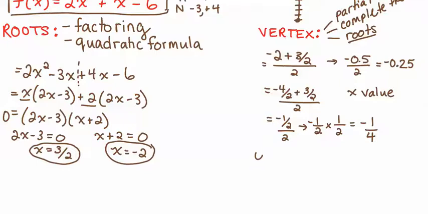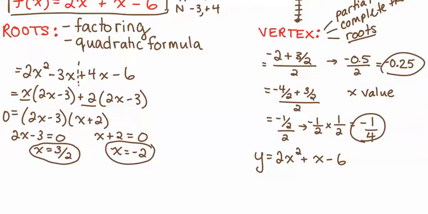So in order to find y, I would use my equation, 2x squared plus x minus 6, and I would just sub in either the decimal or the fraction, whatever you want to use. I'm going to use the fraction: 2 times negative 1/4 squared plus negative 1/4 minus 6.